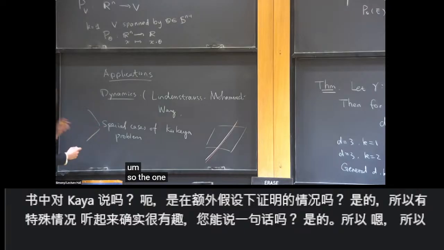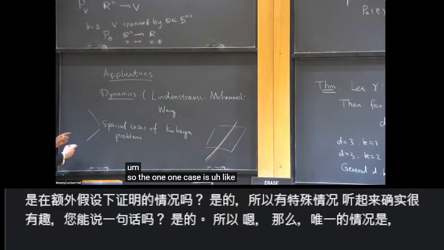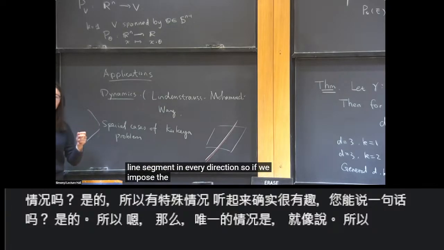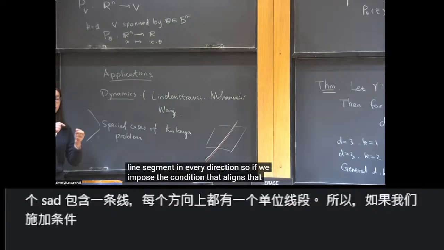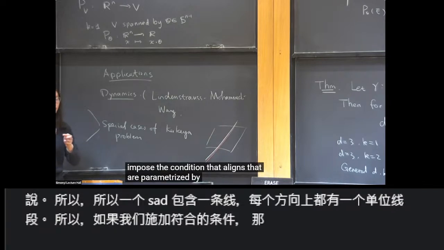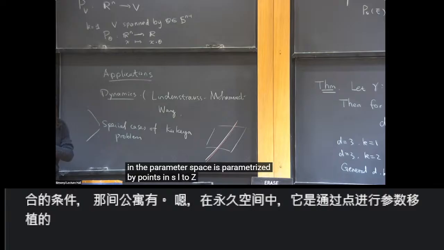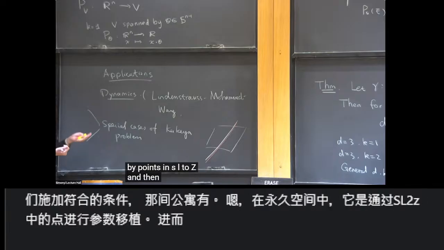One case is, say, a Kakeya set is a set that contains a unit line segment in every direction. If we impose the condition that the lines are parameterized in the parameter space by points in SL2, then you can say that those Kakeya sets have dimension 4.